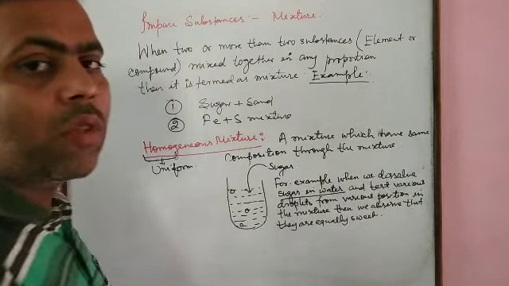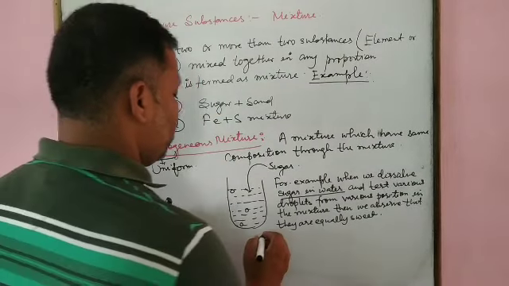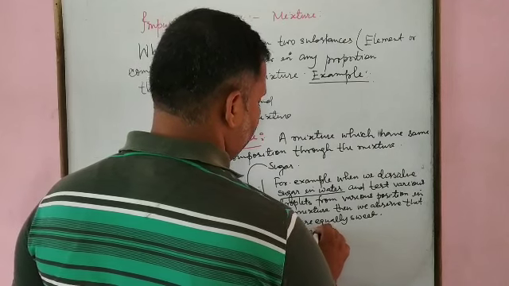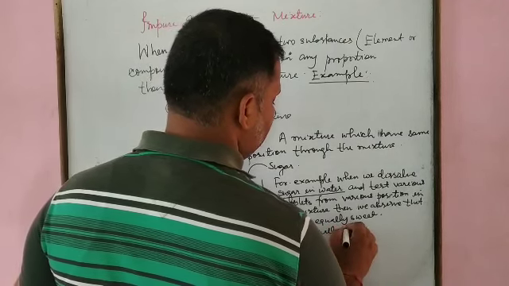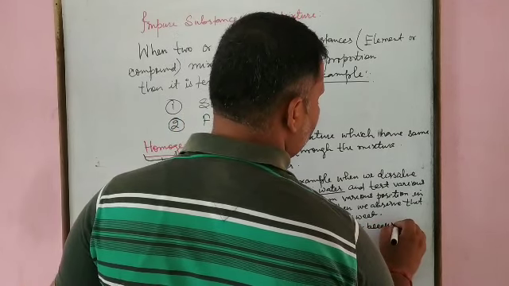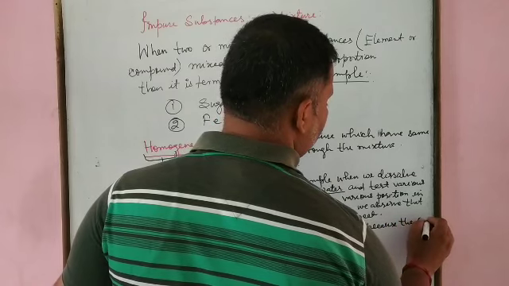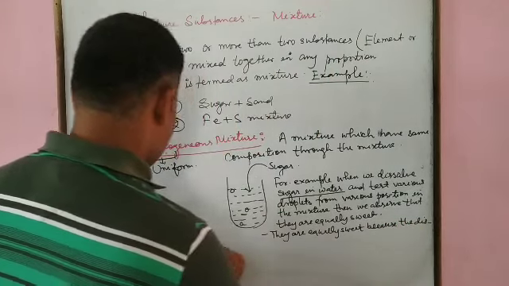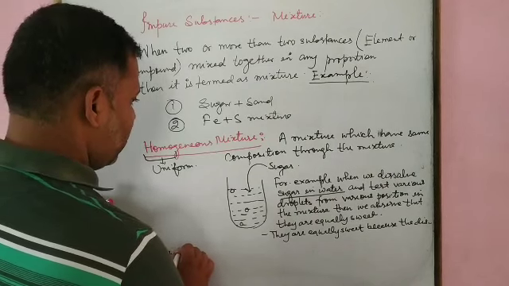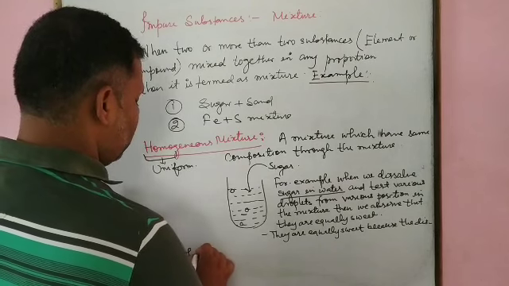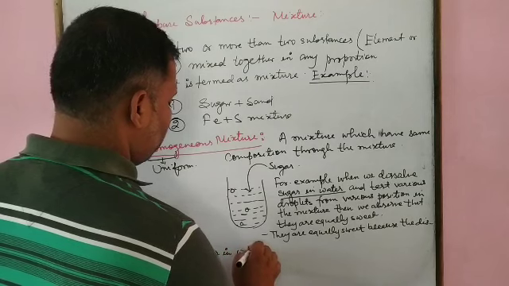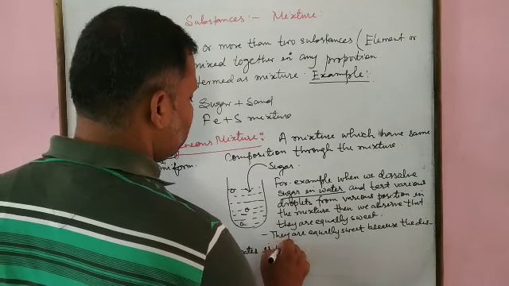Why is this so? They are equally sweet because the distribution of sugar in water is uniform.